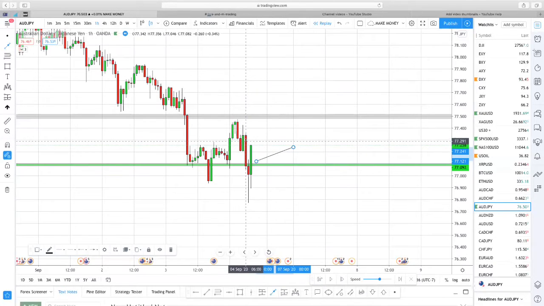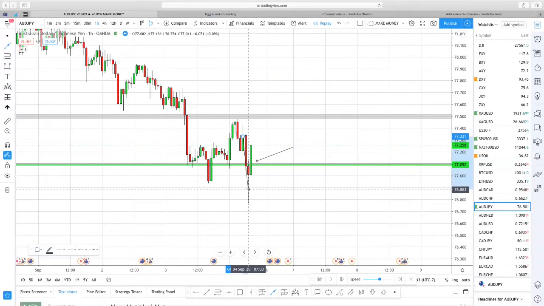We're expecting price to come down and then come back up, which is exactly what happened. When price passed your entry point on the way up, this is where you were entered into the trade. So this is a buy limit, guys.